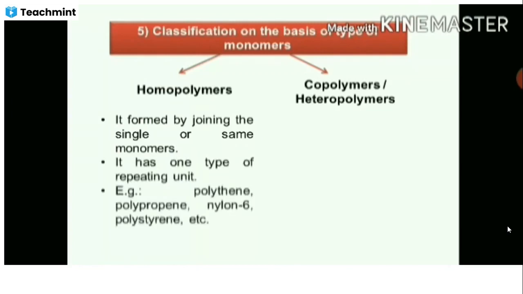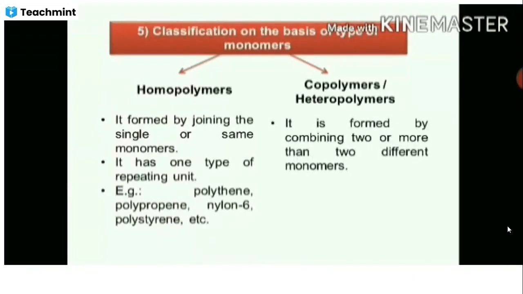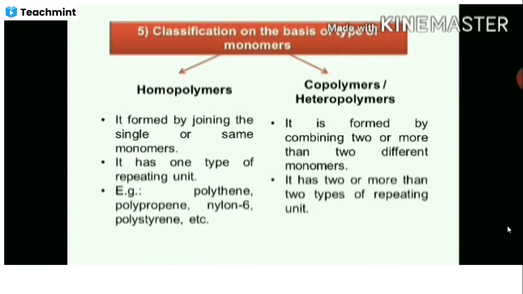Example, polyethylene, polypropene, nylon 6, polystyrene. Copolymers are formed by combining two or more different monomers. They have two or more types of repeating unit. Example, Buna S, Buna N, terylene, nylon 6,6.